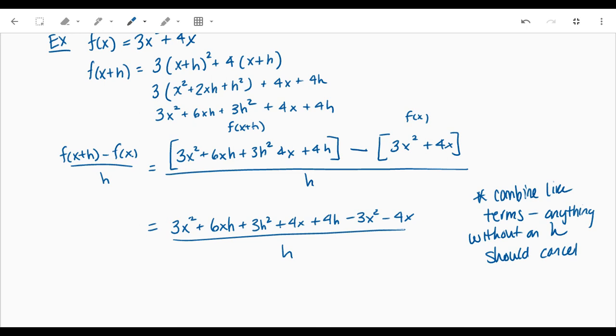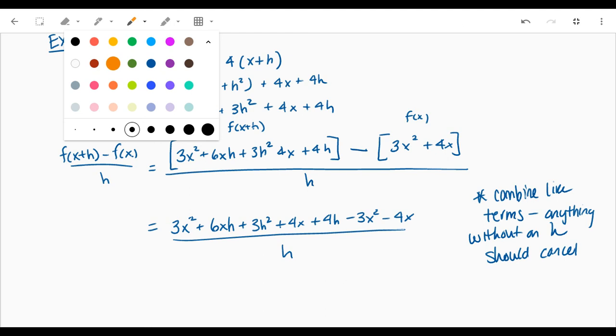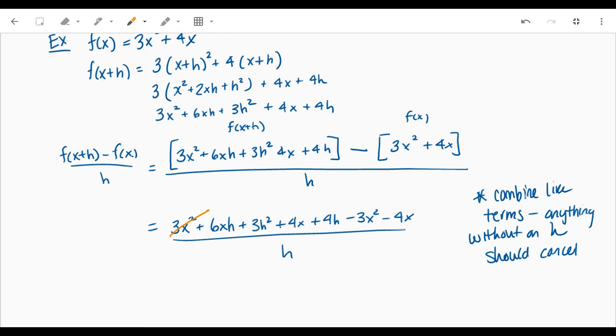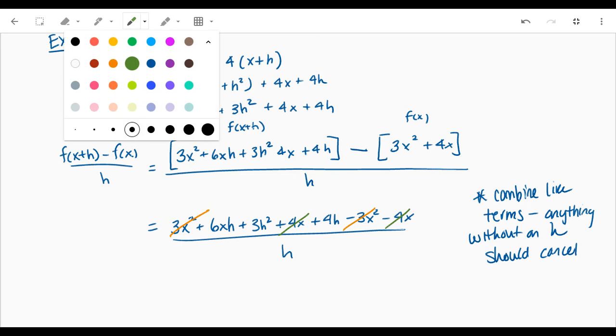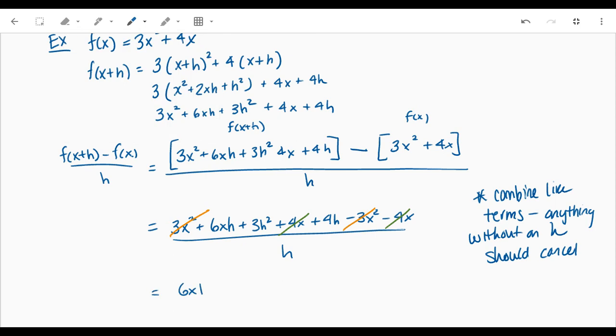So when I combine my like terms, I see a 3x squared minus 3x squared, and I also see a 4x minus 4x. Nothing else can be combined. So now I have 6xh plus 3h squared plus 4h over h.